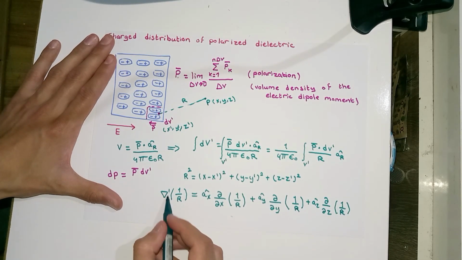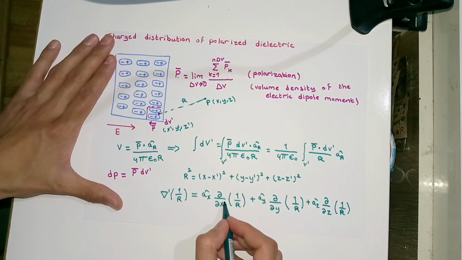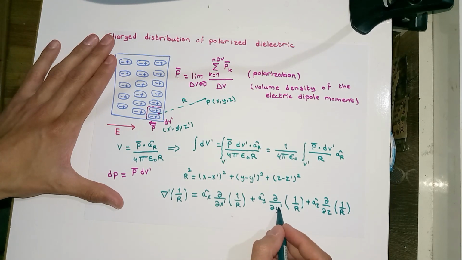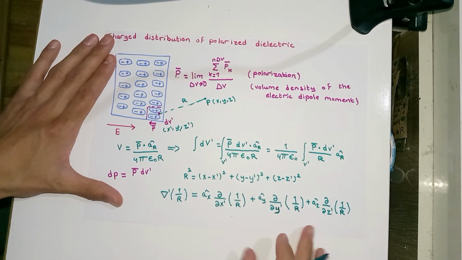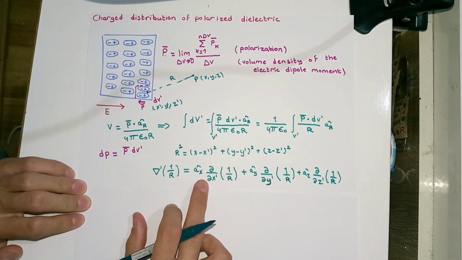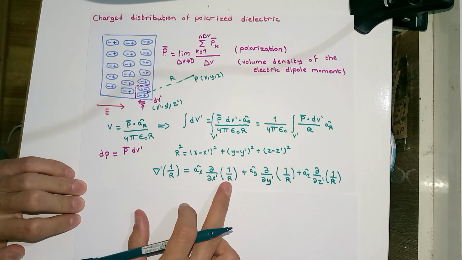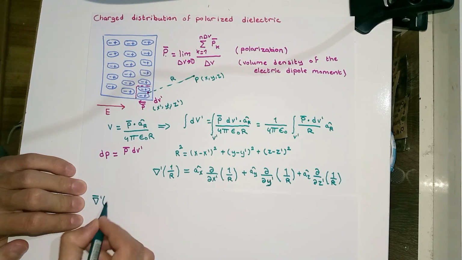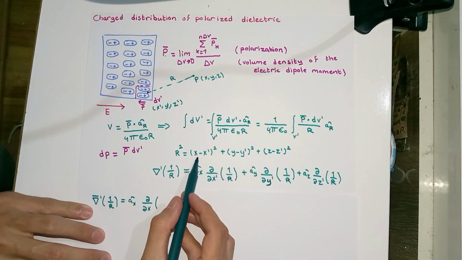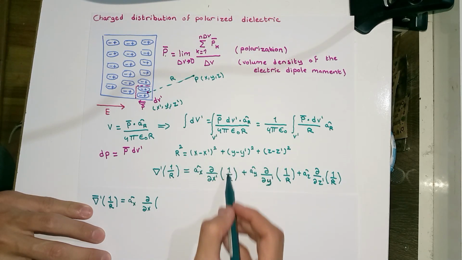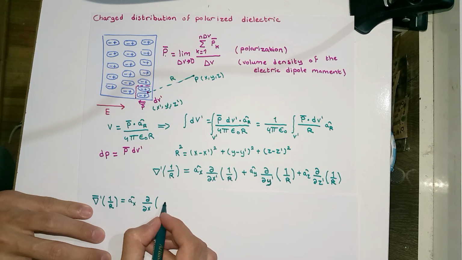And as this gradient is primed, I'm not going to forget the prime for these variables. Now let's first take the derivative of the reciprocal of R with respect to x. The value of this reciprocal of R can be found by this. I'm going to substitute the right hand side of this for R in this.